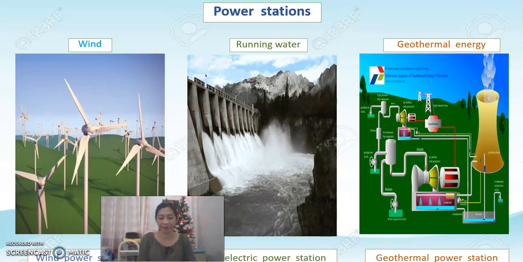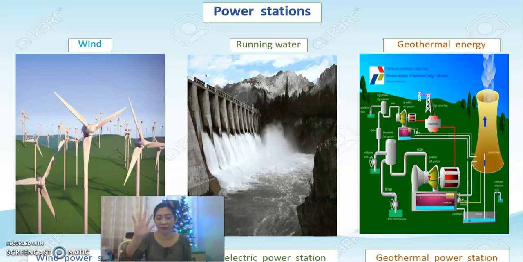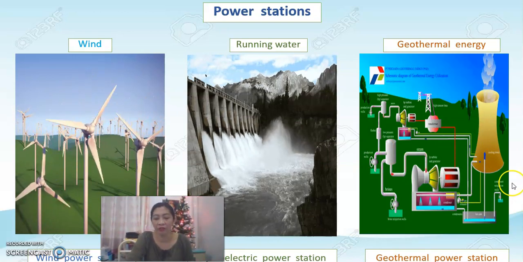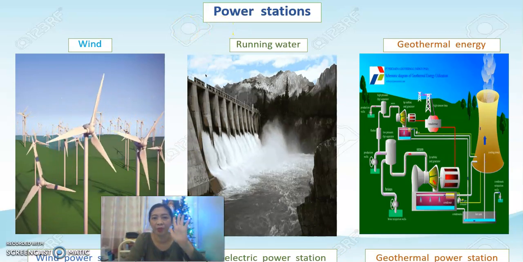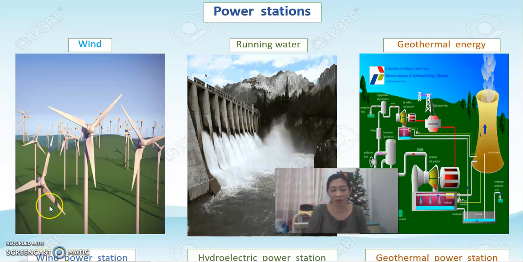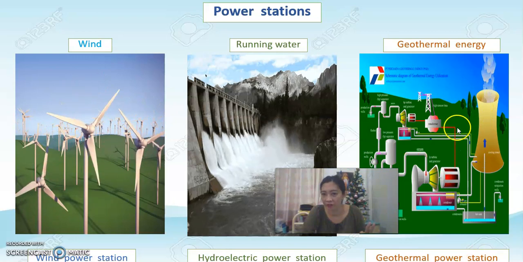On page 66, we have 5 power stations, which convert energy into electricity. Number 1 is wind power station. Number 2 is hydroelectric power station. Number 3 is geothermal power station.